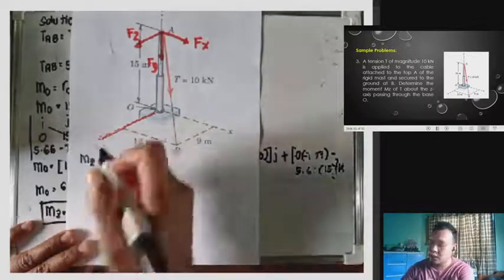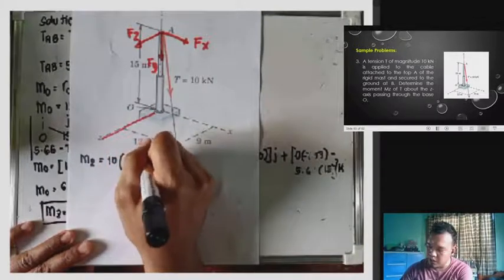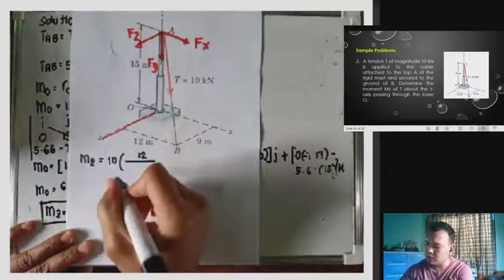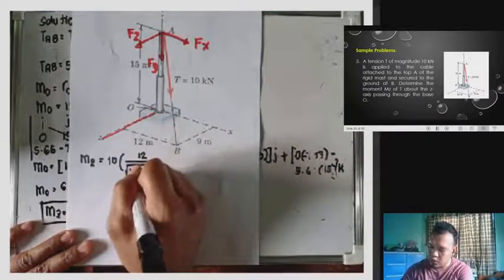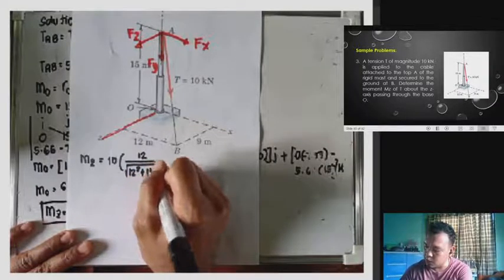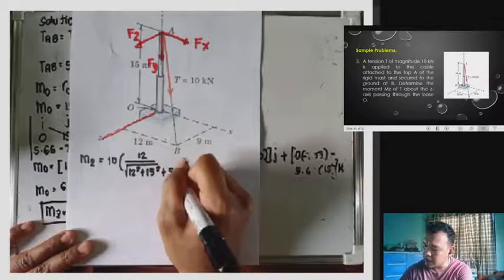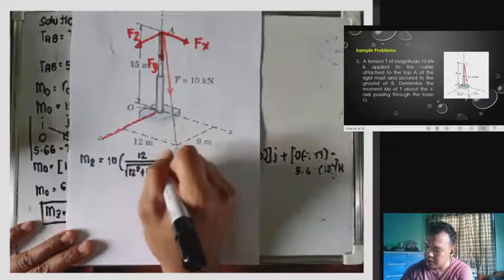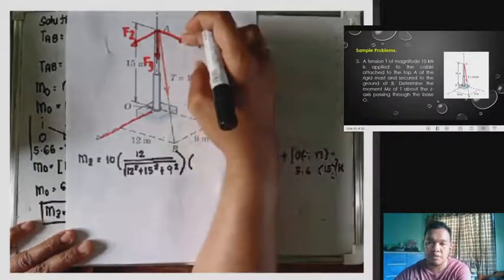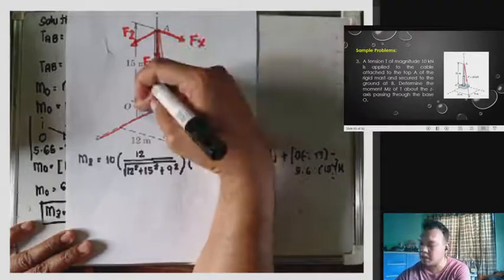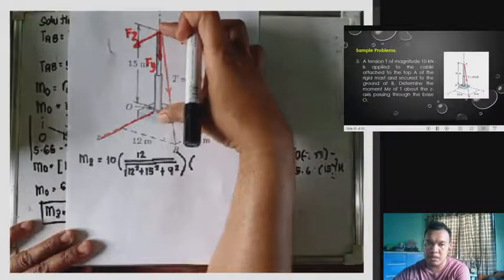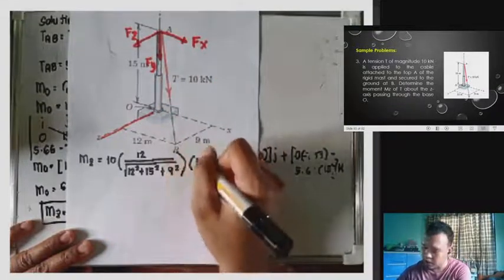Ito, 12 meters, all over the total length na ito, which is equivalent kay square root ni 12 squared plus 15 squared plus 9 squared, multiplied by perpendicular distance. The perpendicular distance kapag itong Fx natin is magmumoment kay z-axis, pag ganun yung galaw niya. Therefore, yung perpendicular distance niya is yung 15. So, we have here 15.